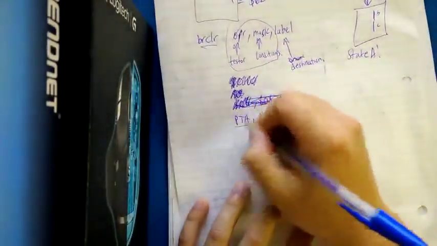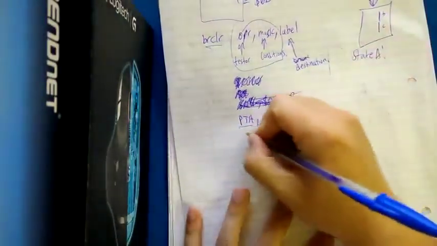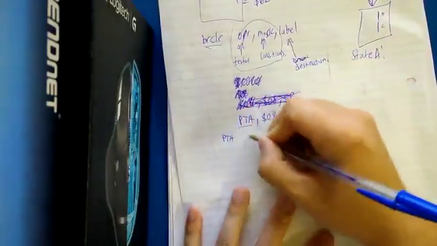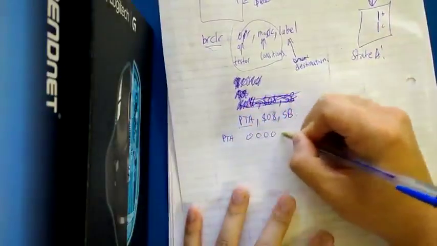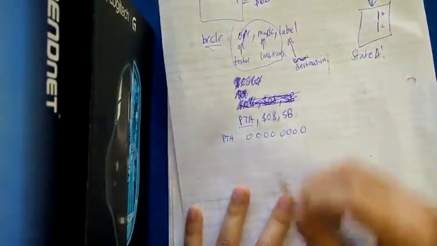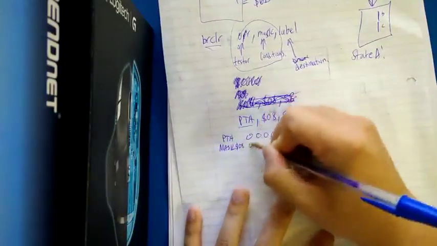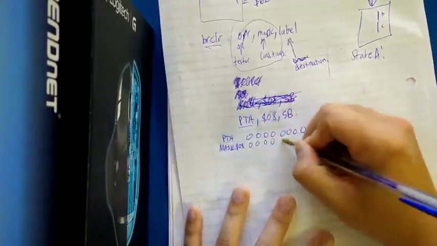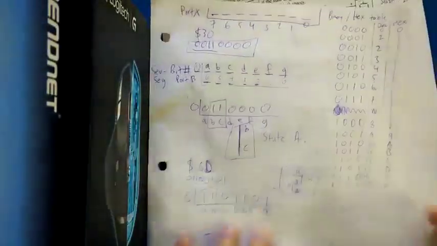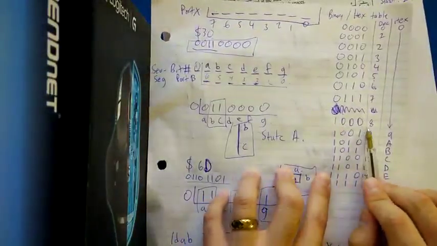In this case, the switch is open. So let's say PTA, port A, 1, 2, 3, 4, 5, 6, 7, 8. And this is my mask of 08, which is also 1, 2, 3, 4, and what is 8? 1, 0, 0, 0. Look here, it's our hex table, 8 is 1, 0, 0, 0.